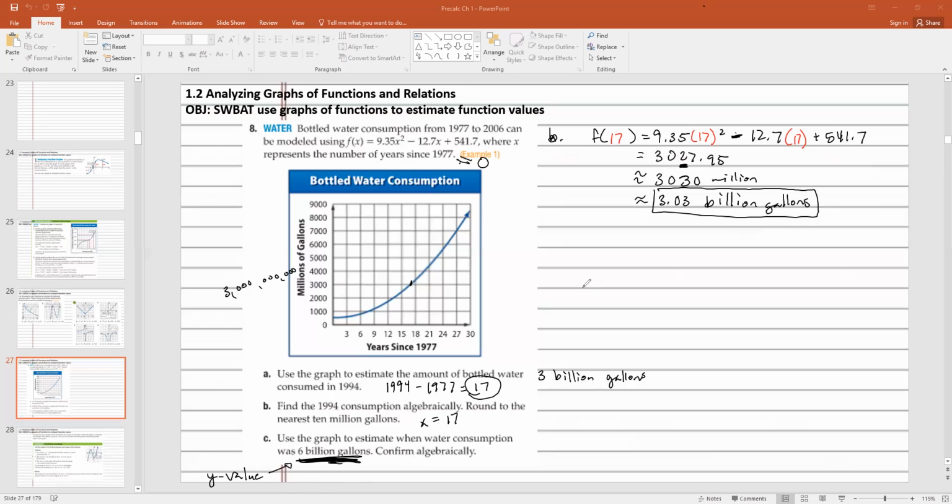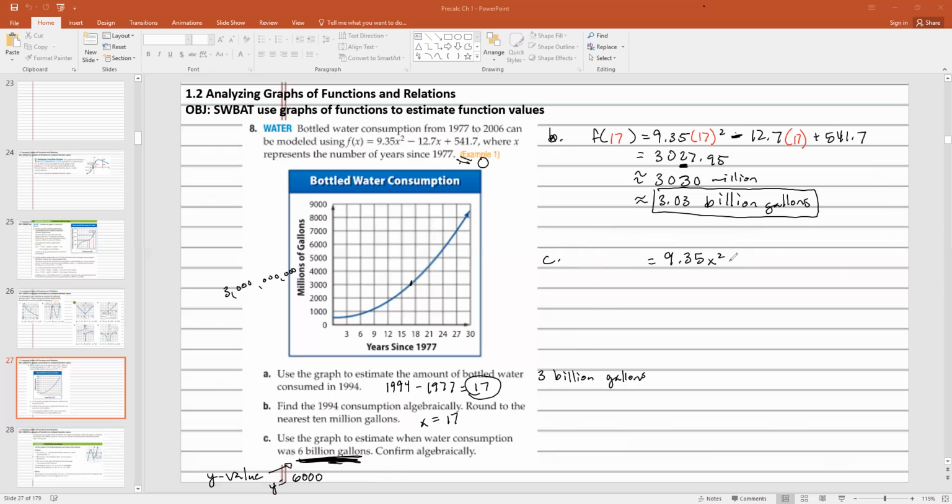So here we don't want the X to be 6 billion or 6,000. We want the Y to be 6,000.